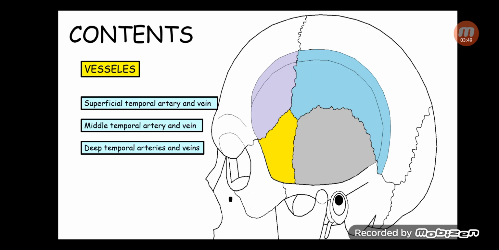These arteries and veins are layered at different levels, and that's why they are named so. The superficial temporal artery and vein are present superficially, the middle temporal artery and vein are present below them, and the deep temporal artery and veins are present below the middle temporal artery and vein. That's how they are named.